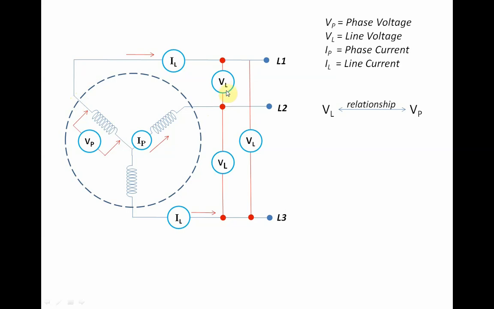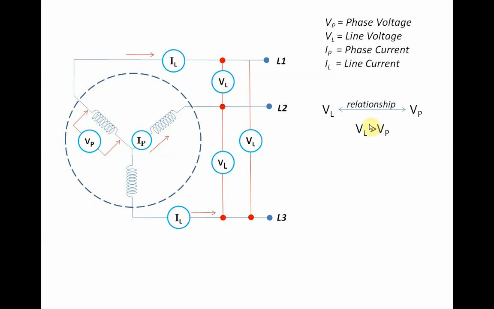In other words, the line voltage is the combination of the voltage that is developed across these two coils here. So if we examine it by common sense, we should say that the line voltage is greater than our phase voltage, because it is now the combination of the two phases or two coils.